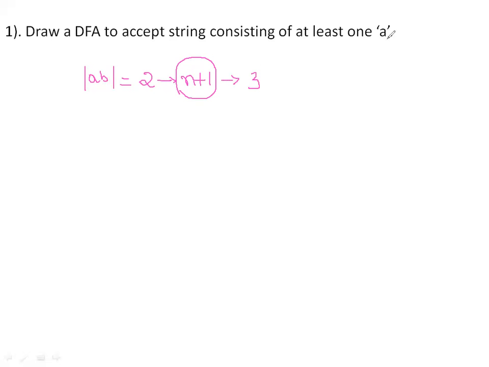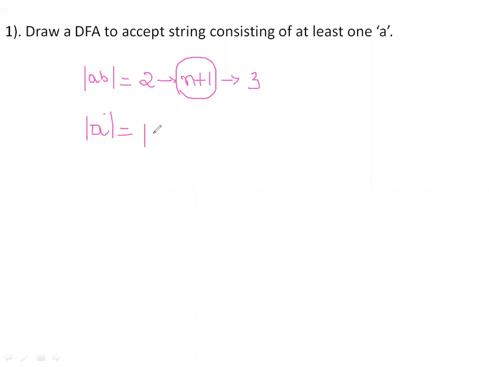So in this question, what is the minimum string we are expecting? Observe it. Minimum is a single A. Maximum, any number of A, it does not matter. Minimum is a single A. If I consider the length of a single A, what are we getting? The length of a single A will be 1 exactly.